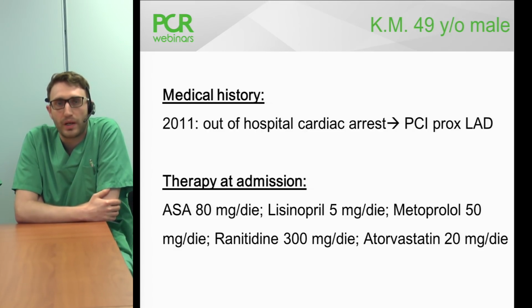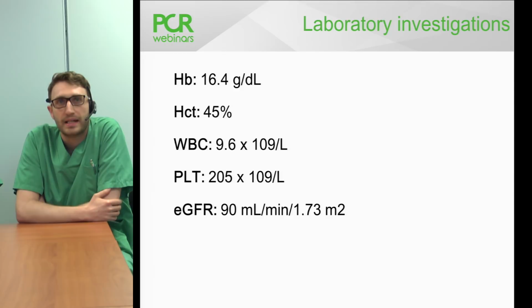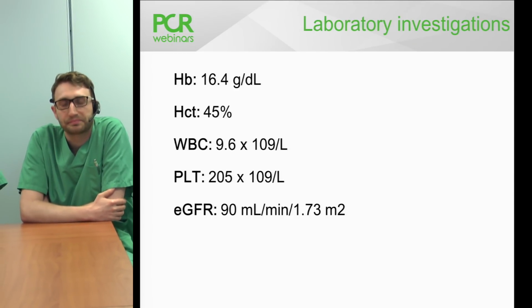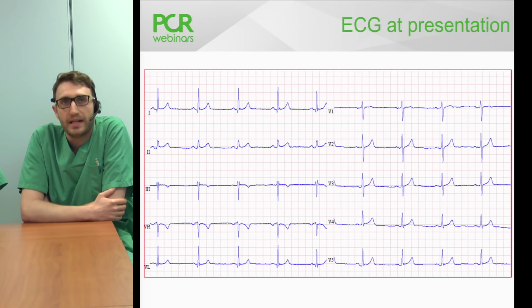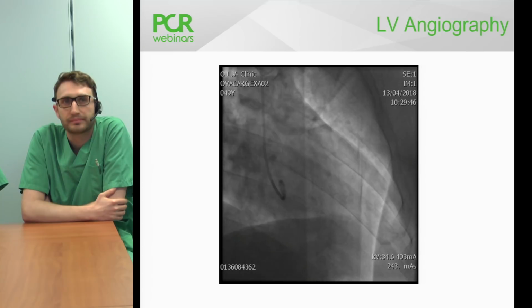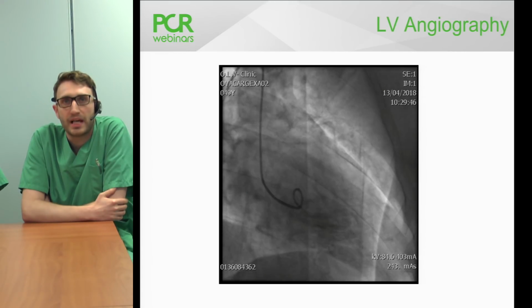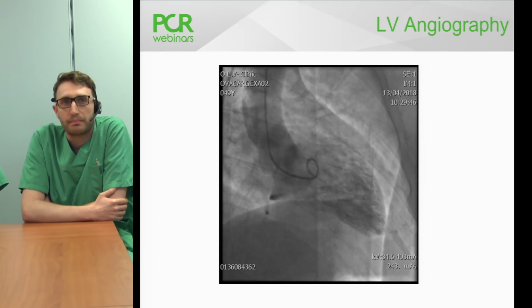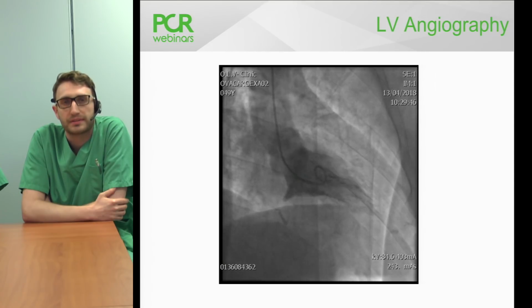He is now well treated in medical therapy, as you can see from the list of medications. The laboratory investigation was unremarkable. The ECG showed a sinus bradycardia and there are no alterations at all. The LV angiography displayed a preserved LV function.